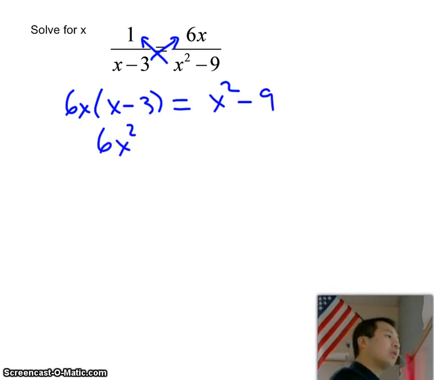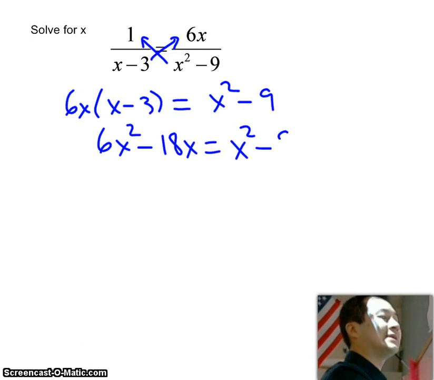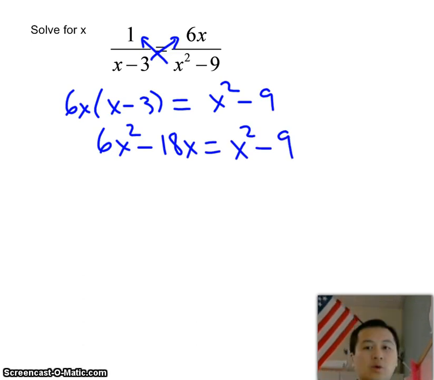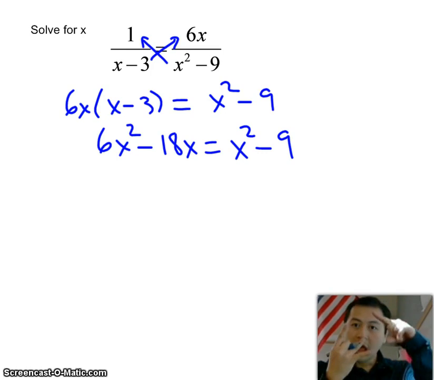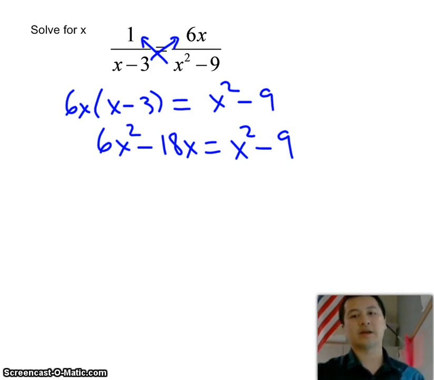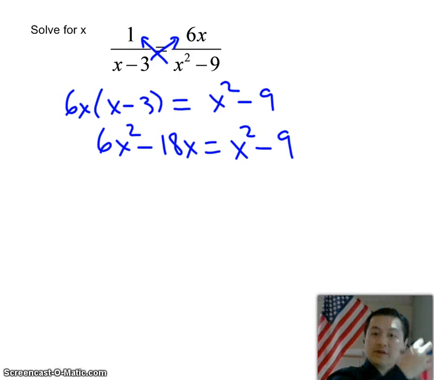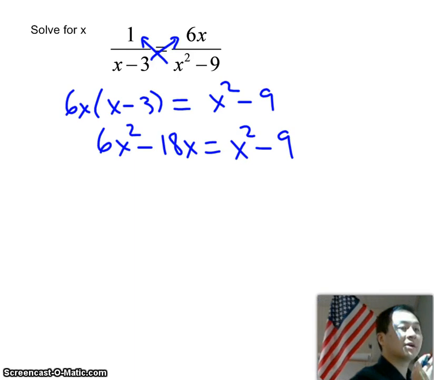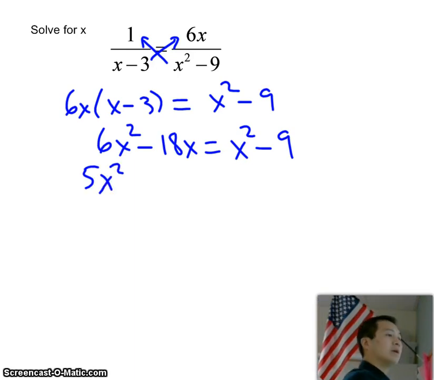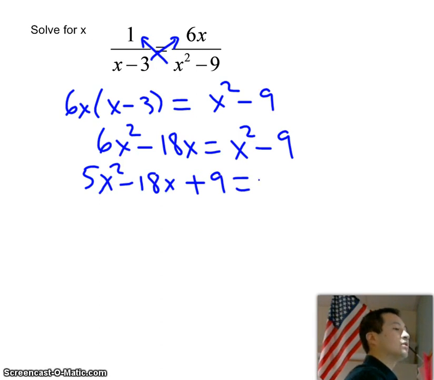Distribute. 6x squared minus 18x equals x squared minus 9. Crap. This is a quadratic. I showed you 3 ways to solve a quadratic: factoring, complete the square, or quadratic formula. So actually, let's move everything to one side, set equal to 0, and see if we can factor. Minus x squared to both sides, I got 5x squared minus 18x plus 9 equals 0.